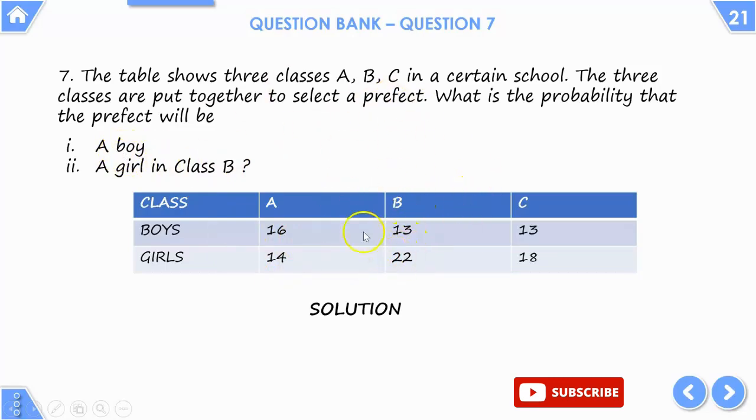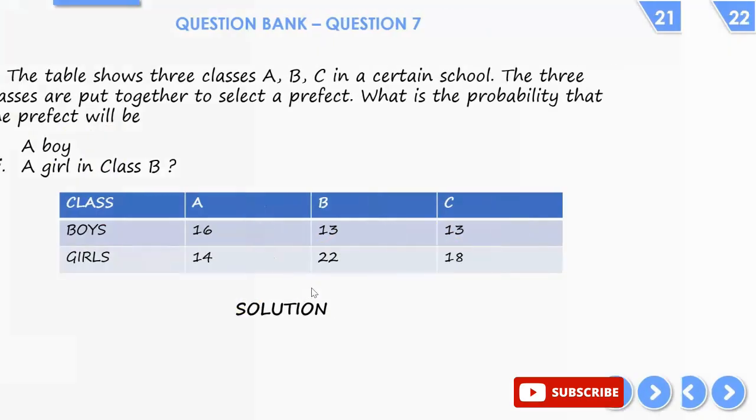So go to the boys, calculate the total number of boys over the total number of students in the school, because that's what it's asking for. Find the probability that the prefect will be a boy. So let's calculate the total number of boys over the total number of students in the school to get the probability that the prefect will be a boy.